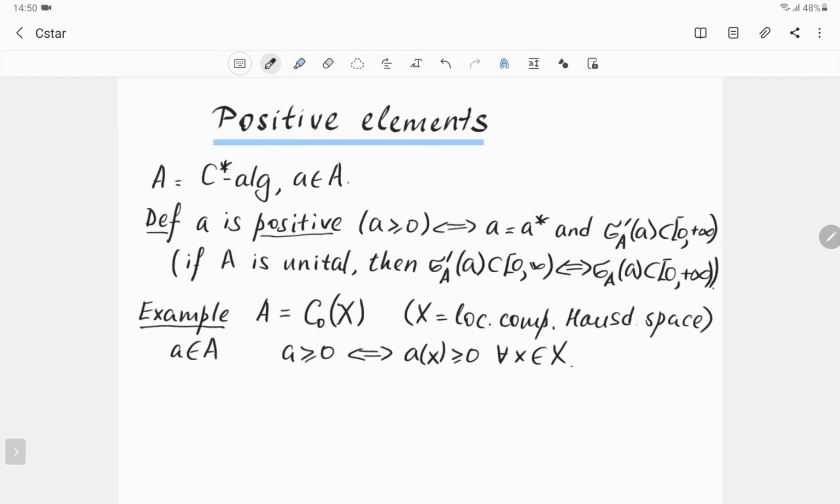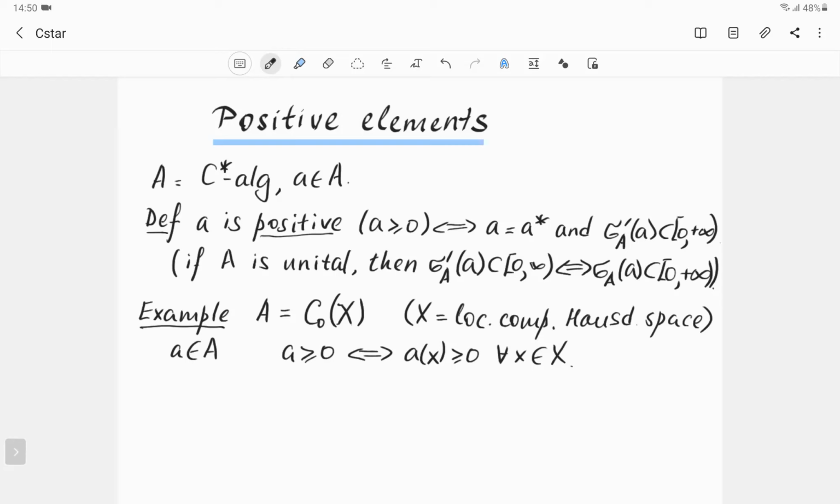Well, indeed, if, for example, X is compact, then we know that the spectrum of a is just the range of a. And in the case where X is locally compact, we know that the spectrum is the union of the range and 0. And so it is positive in the sense of the above definition if and only if it is non-negative everywhere.